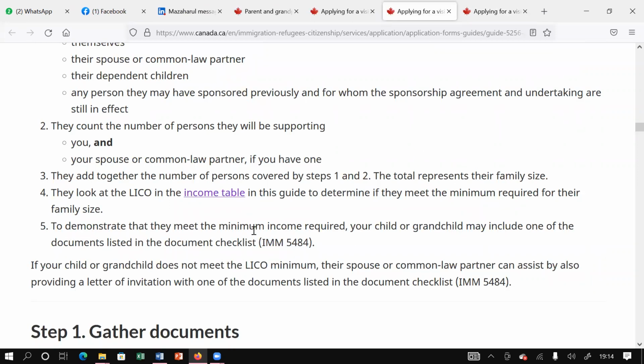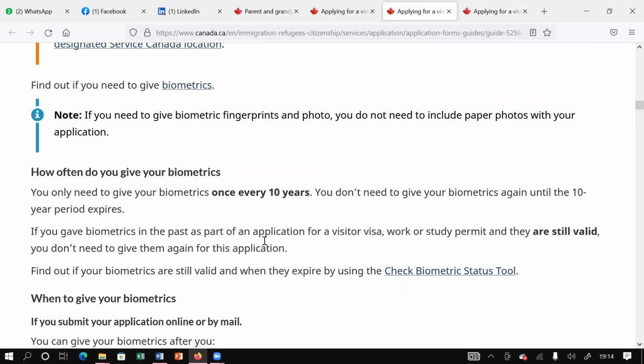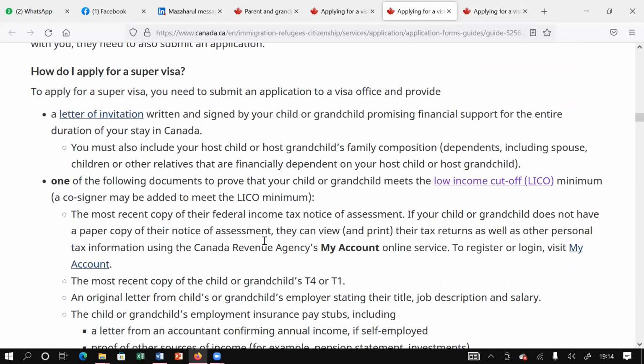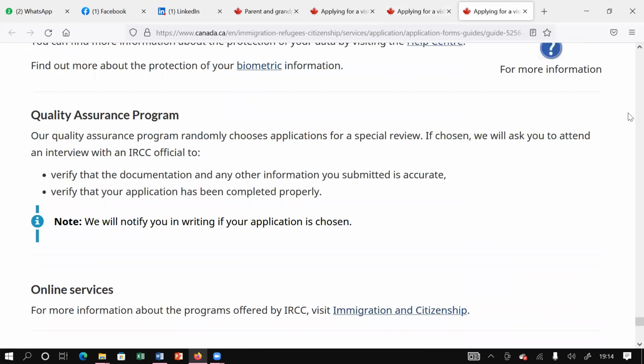To demonstrate that they meet the minimum income required, your child or grandchild may include one of the documents listed in the document checklist, IMM 5484. Let's go to IMM 5484. See what it shows for us.